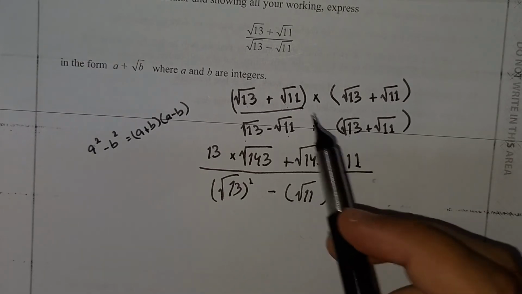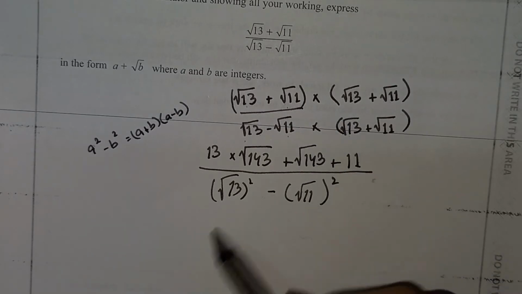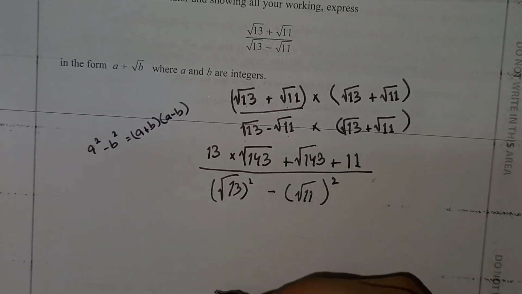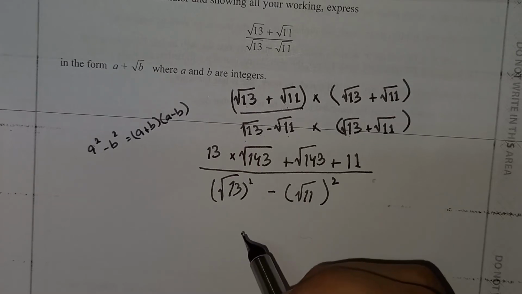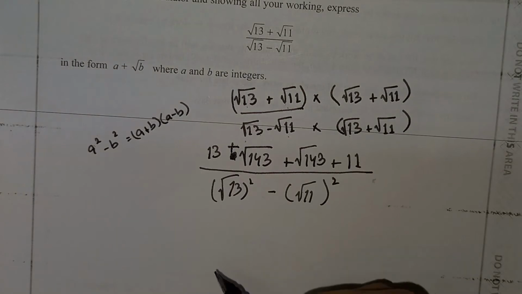Now you could also have done this with the top using an identity, but we just simplified it right away. And over here, this is not supposed to be multiplied, it is supposed to be plus.